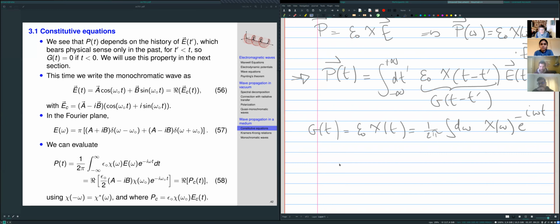So we need this kernel G of t minus t prime to be 0 if t prime is greater than t. Okay, so we need G of t to be 0 if t is negative.